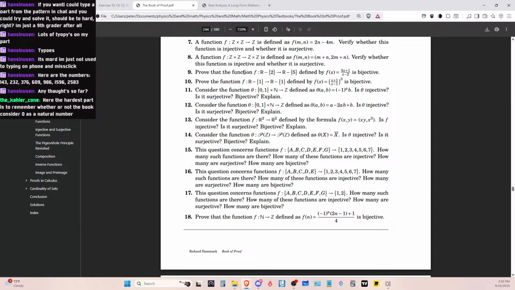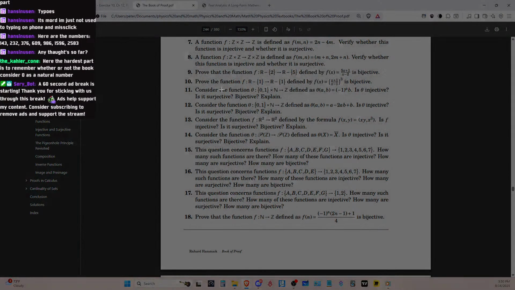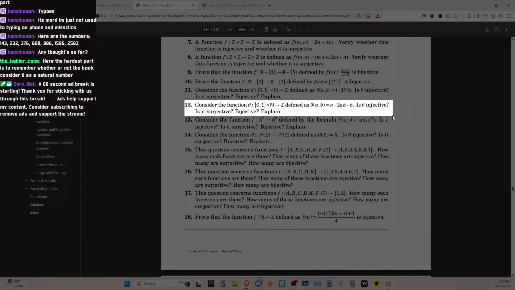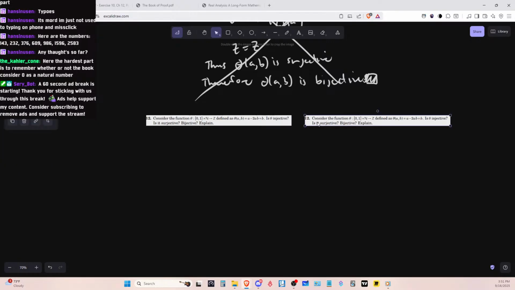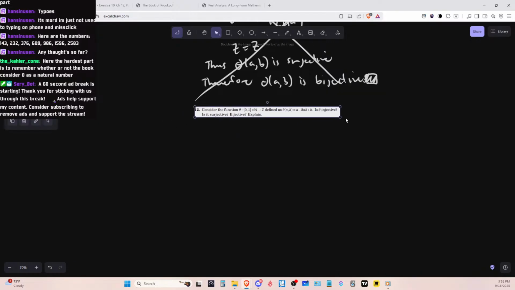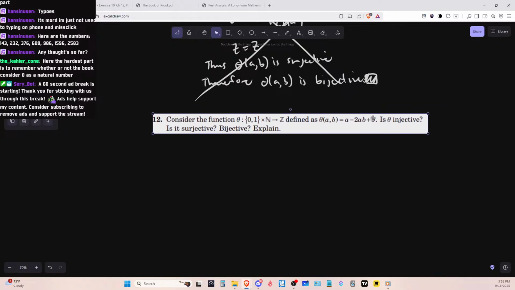Alright, so that was 11, we're doing 12. Okay, consider the function theta. Alright, so I guess the awareness is actually coming into this problem because it's the same type of set.